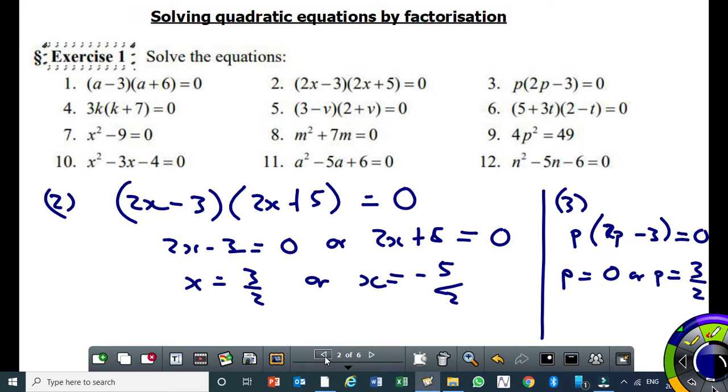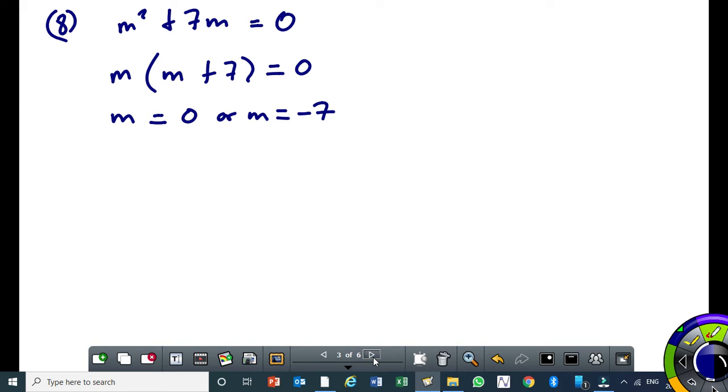Then, sometimes you can have a difference of 2 squares, like 4p squared equal to 49. Now, to factorize a quadratic equation like this one, there are two ways of doing it. You can just make p squared the subject, that will be method 1.